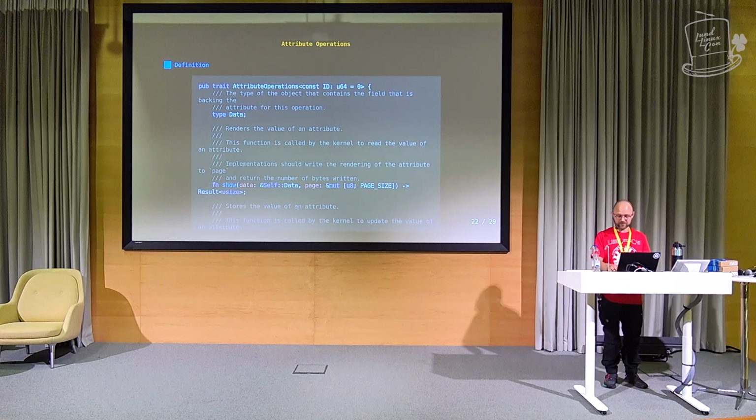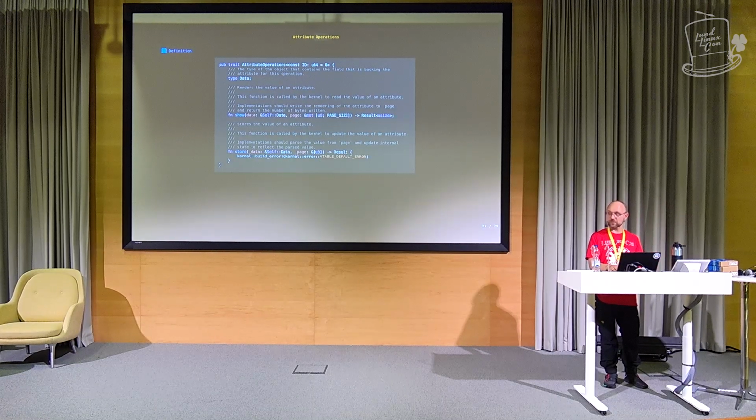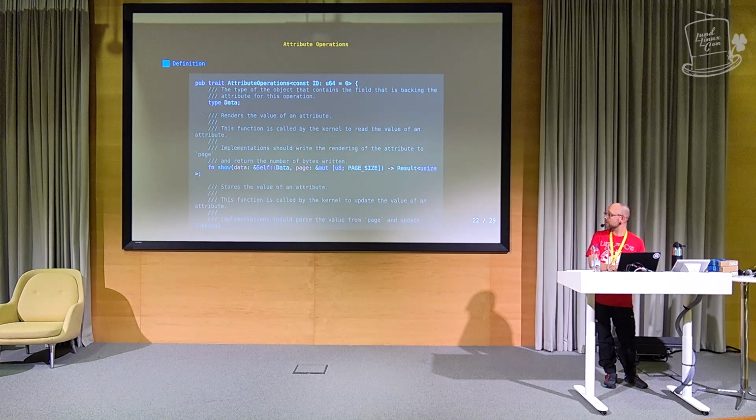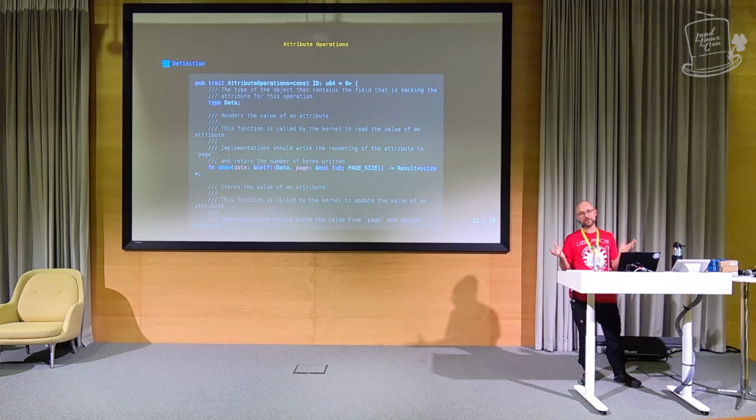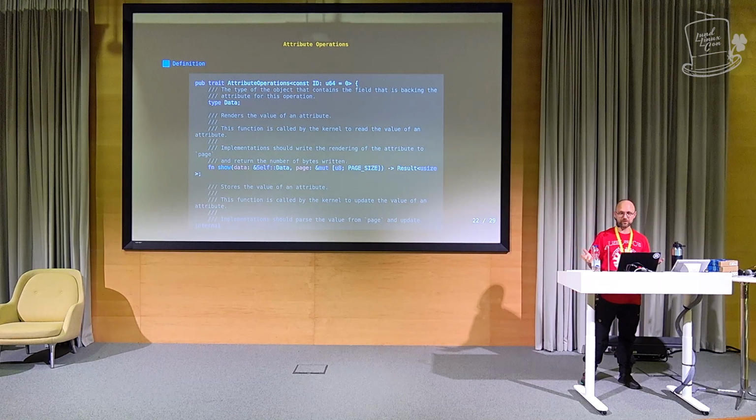And so here we have this trait, I hope it's readable, that the user will implement. Again, a trait is like an interface from other programming languages. You have a type, and then you say, now I want to implement this trait, and you say impl trait attribute operations, and you implement these functions, and now you satisfy the trait.